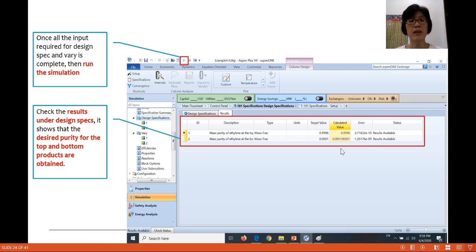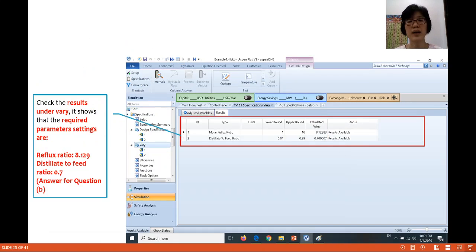So what are these parameters? Okay. So you can go to vary, again under results, you can see this calculated value. Meaning if we operate the column with the reflux ratio of 8.13 and the distillate to feed ratio of 0.7, we are able to get the desired purity.